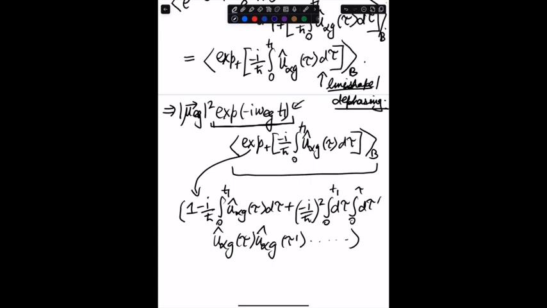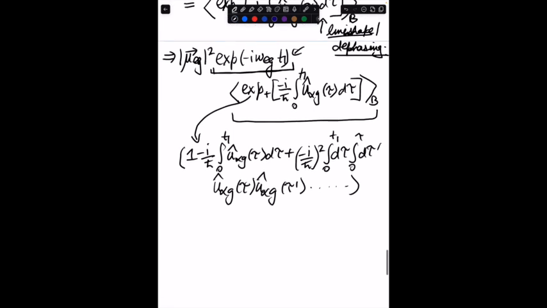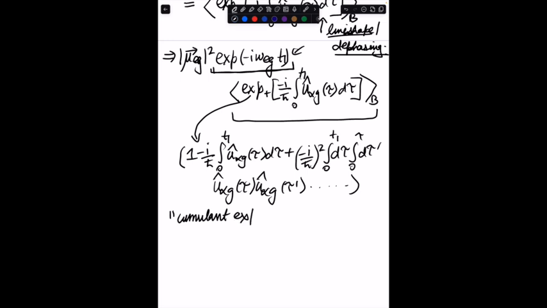So you have higher order terms as well. So what we are going to use now is something known as the cumulant expansion technique.